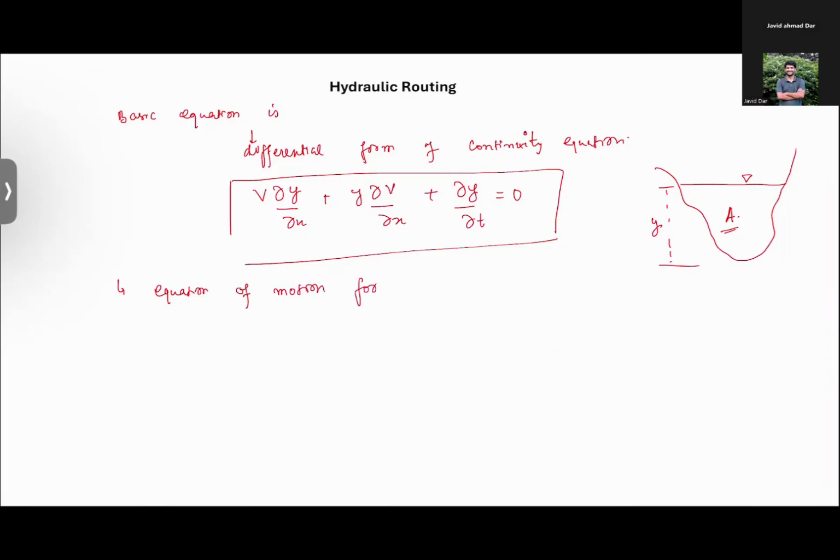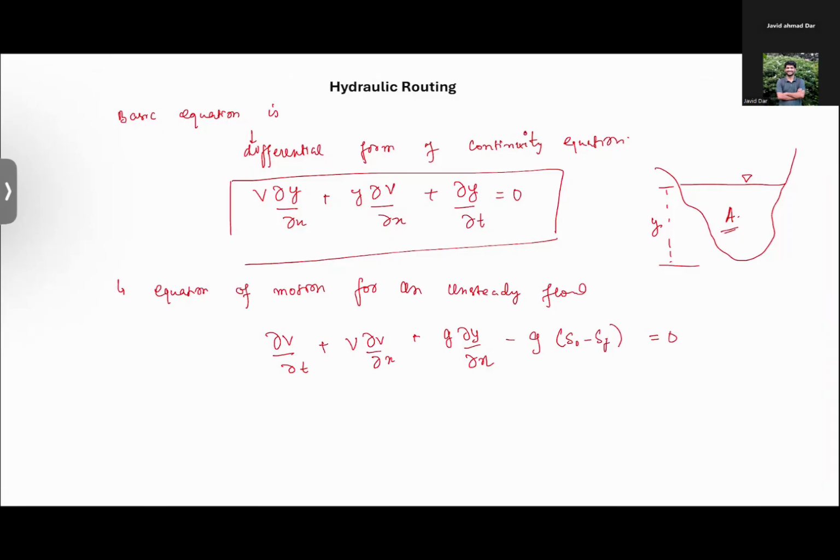But in case of an unsteady flow, I will write the equation here: dou v upon dou t plus v dou v upon dou x plus g times dou y upon dou x minus g times (S naught minus Sf) is equal to 0.